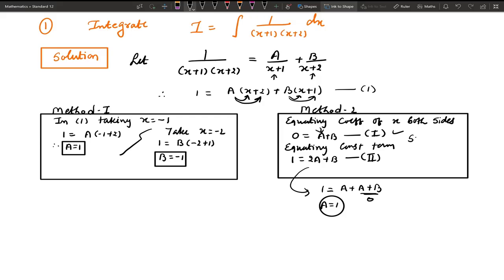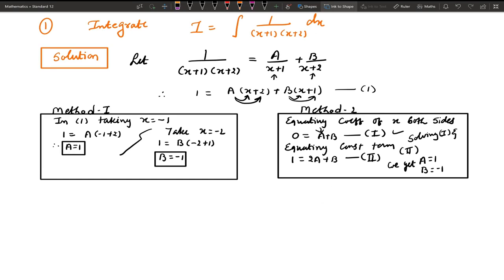So solving 1 and 2, this is method 2, we get a equal to 1, b equal to minus 1. So both the methods we have discussed here, you can use any method to find the unknowns a and b.